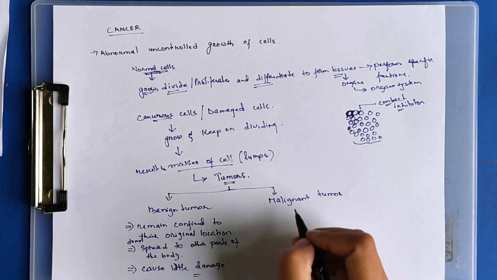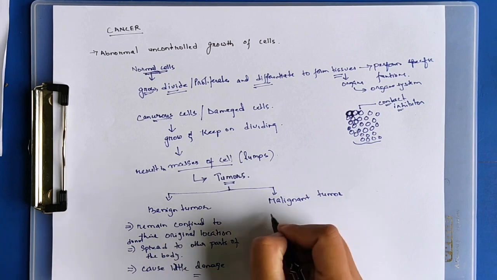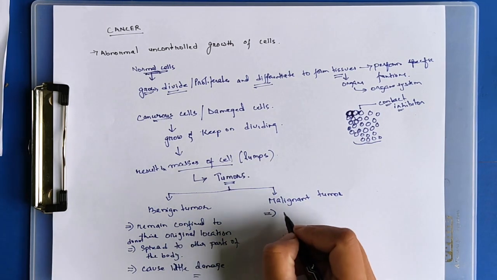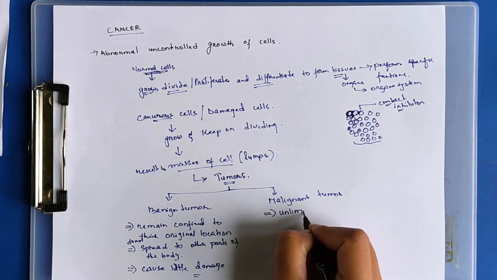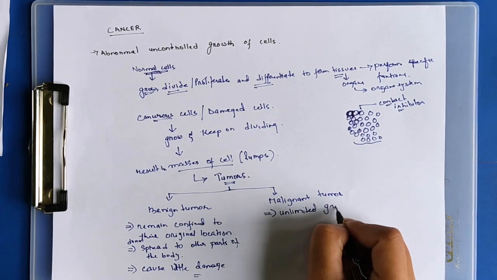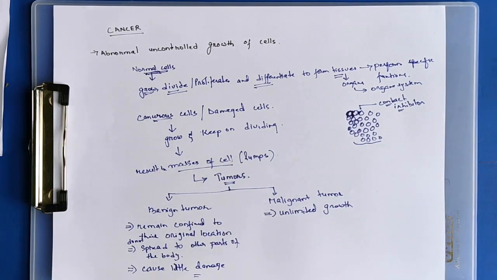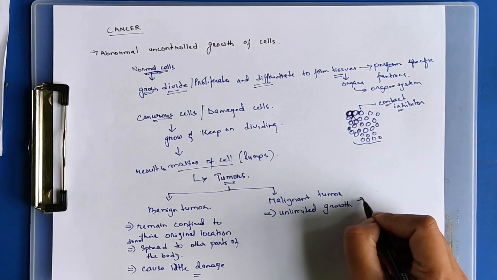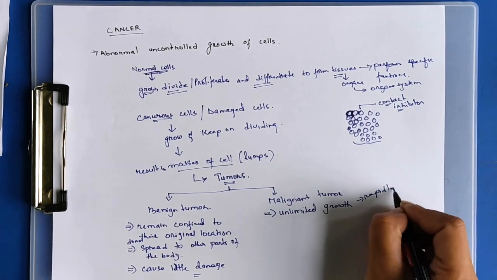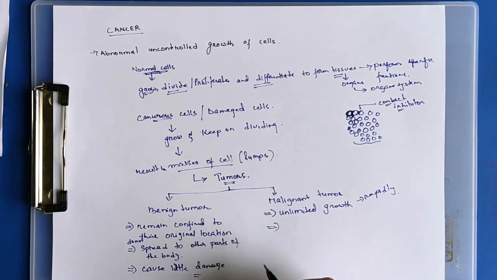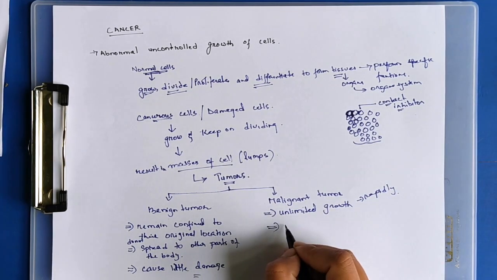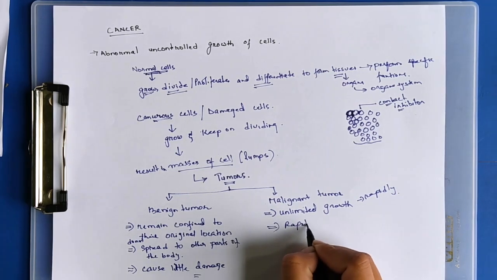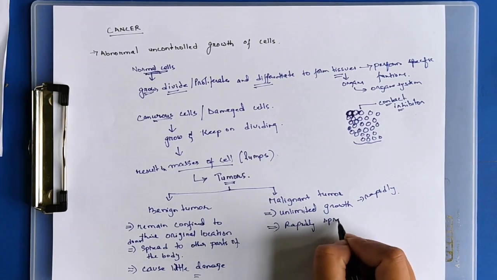That is not the case with malignant tumors. Malignant tumors show unlimited growth. The cells keep on growing and dividing rapidly, and they spread rapidly to different parts of the body.